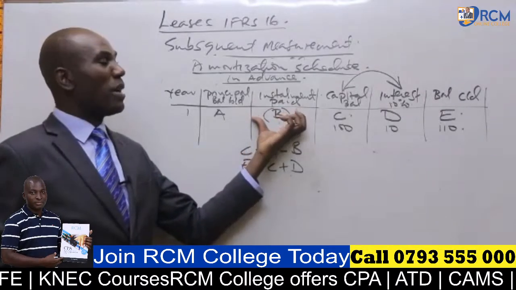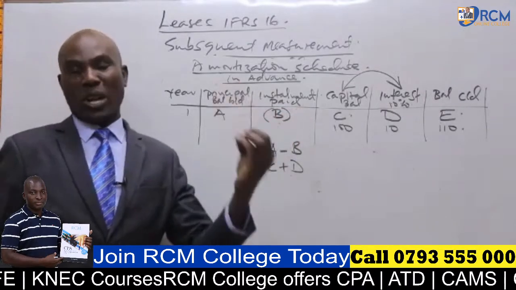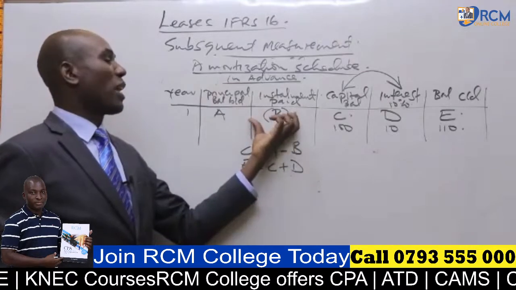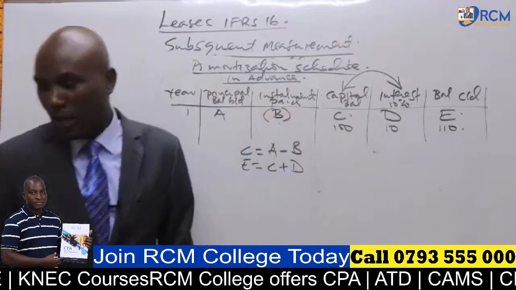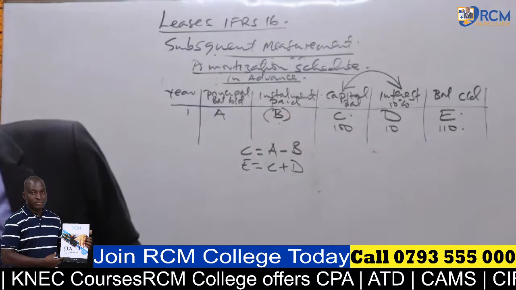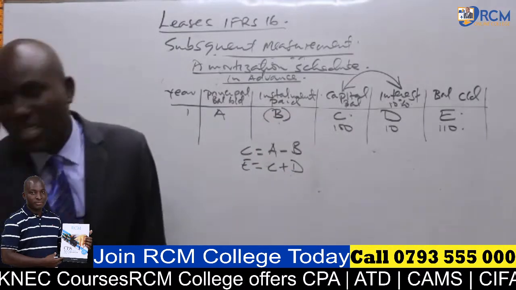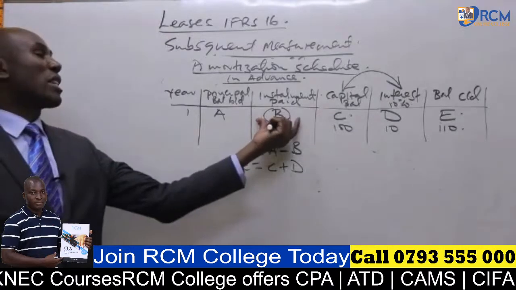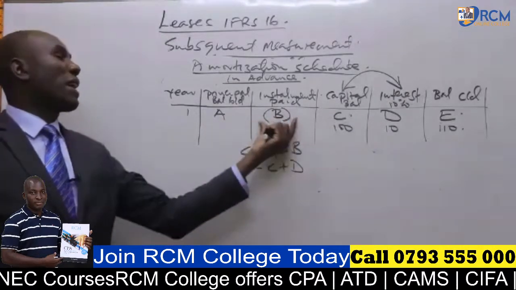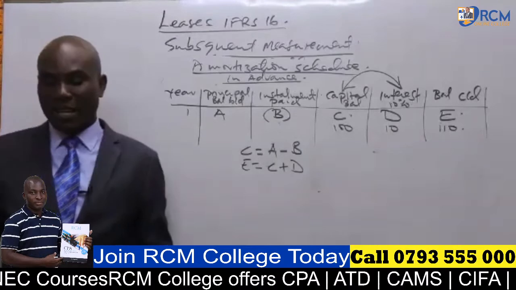Therefore, this installment I'm paying will not attract interest. That is why I'm subtracting before I get the capital balance. Therefore, it's like reducing balance, because I'm reducing the principal balance by the installment.